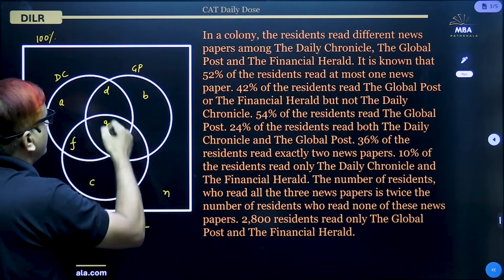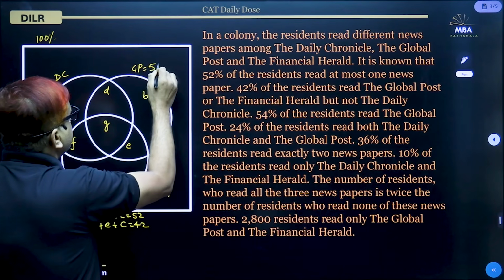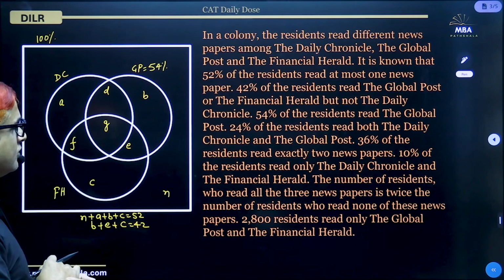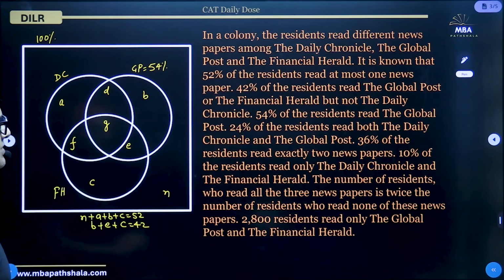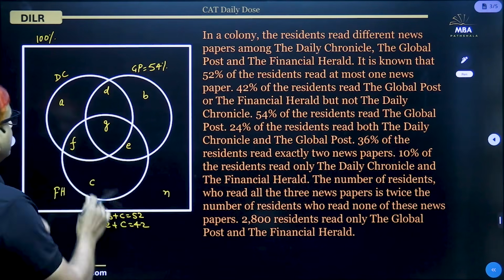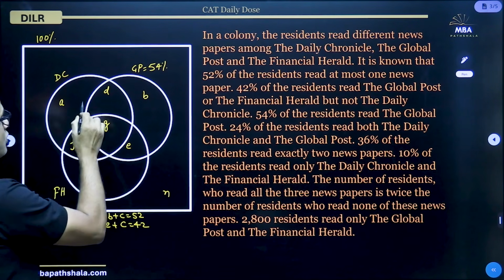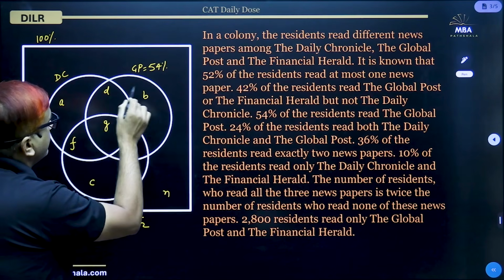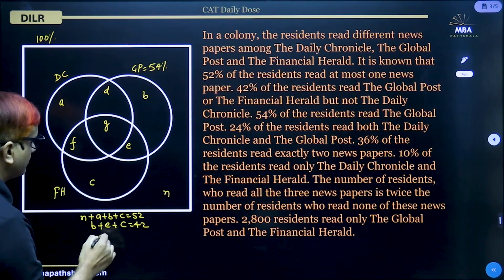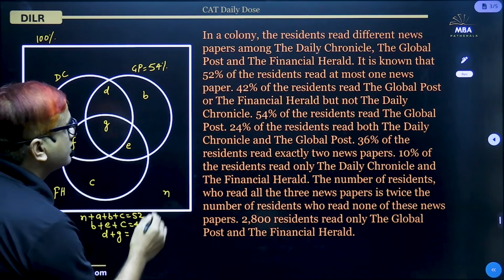So this Global Post, that is B plus D plus G plus E, that is 54%. Then 24% of the residents read both the Daily Chronicle and the Global Post. Daily Chronicle and Global Post, that is D plus G. It is not saying only Daily Chronicle and Global Post. It is saying both. So this G will also be included. So we are given D plus G as 24.